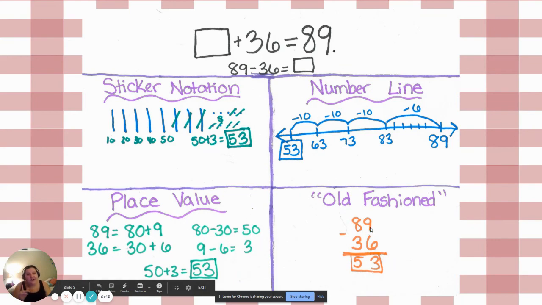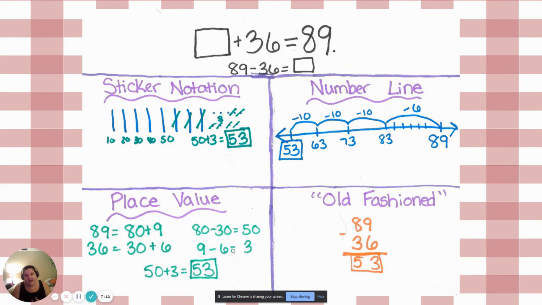But just make sure you're understanding this is 9 1s minus 6 1s. This is not 8 minus 3. This is 80 minus 30. So these two strategies, place value and the old-fashioned way, they really can be tied in together. As long as you're able to explain the old-fashioned strategy using your knowledge of tens and ones, you're golden.